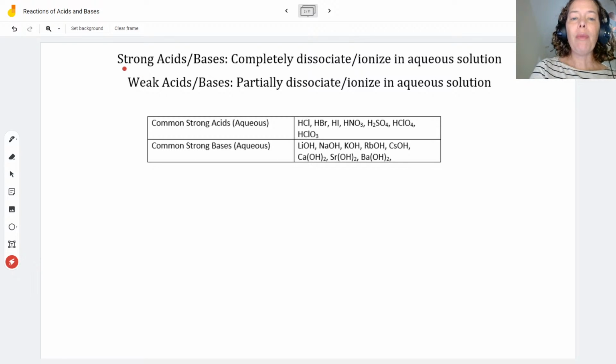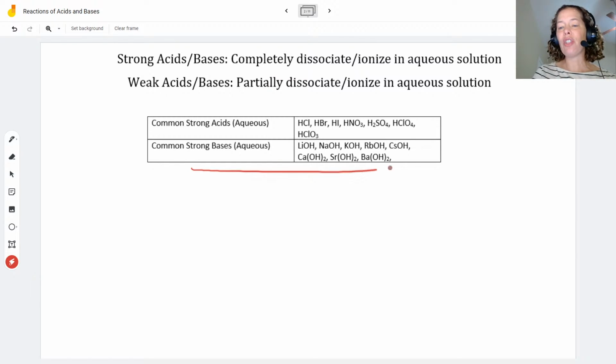Strong acids and strong bases completely dissociate or completely ionize in aqueous solution. For all of these problems, we're always going to be in aqueous solution. Weak acids and bases only partially dissociate or partially ionize in aqueous solution.